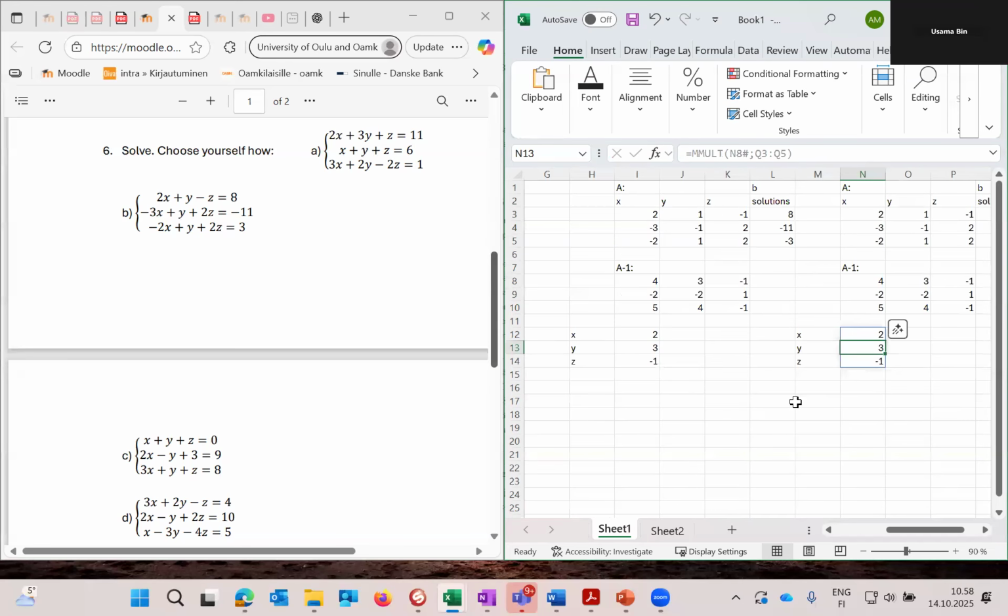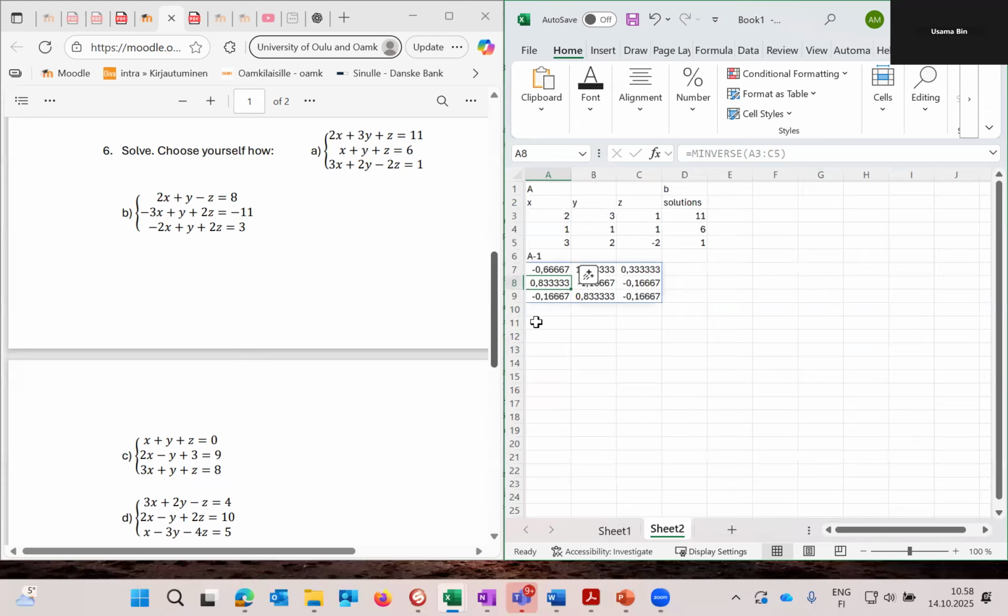So then again, I write what are the solutions. So now I get here the X, Y, and Z with the multiplication.